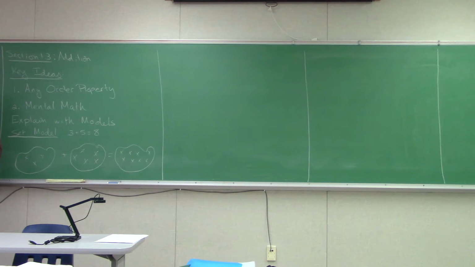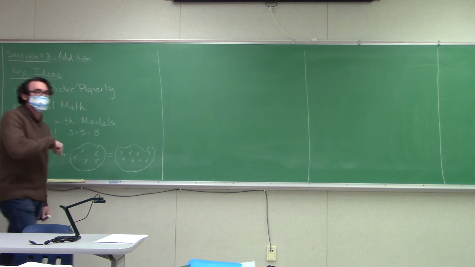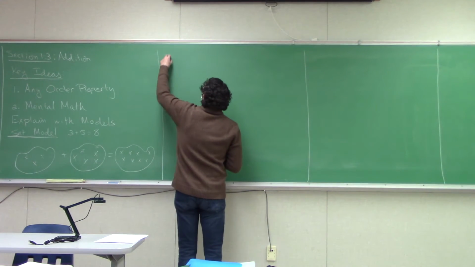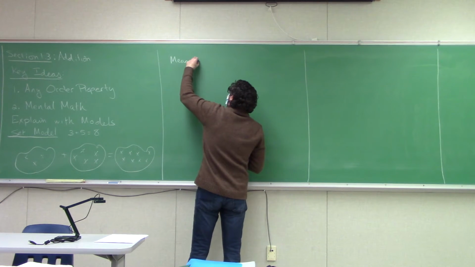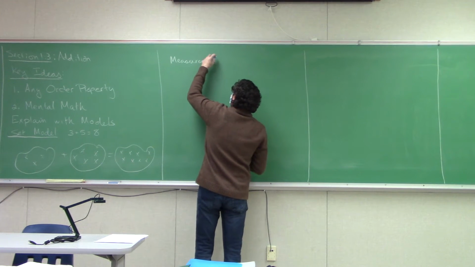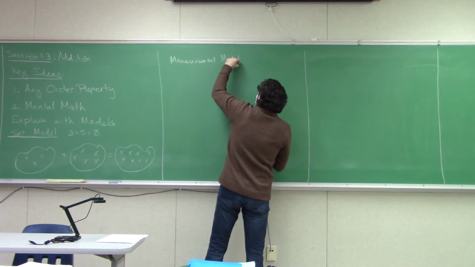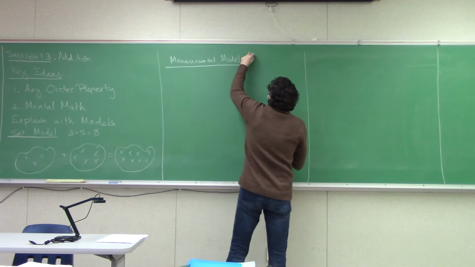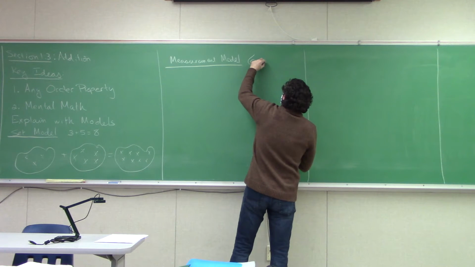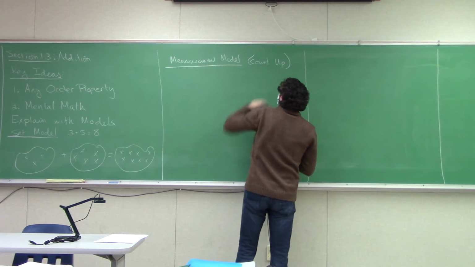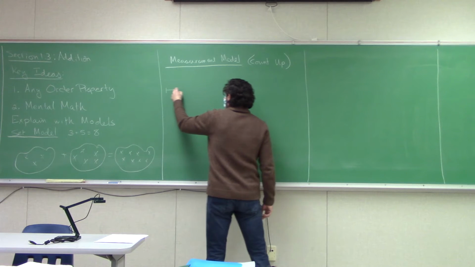What we want to do is start building up so that they don't go from the beginning every single time. And that's where the measurement model comes in handy, where we're counting up.